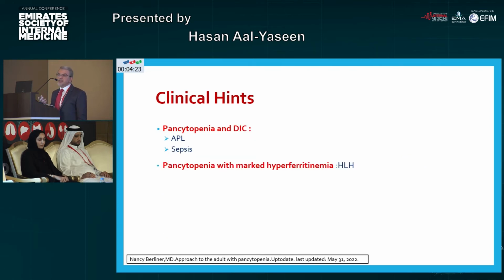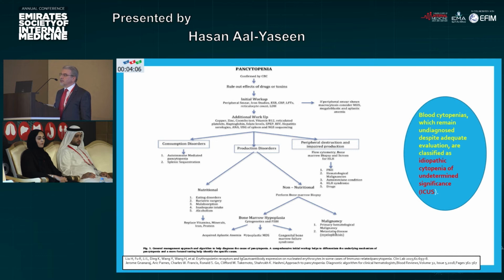Now, if the labs tell you that there's DIC with pancytopenia, keep in mind acute promyelocytic leukemia as a cause, but of course you have to consider sepsis. If you have hyperferritinemia with pancytopenia, of course you have to consider HLH. Now, this is a graph or an algorithm which is suggested by this group of investigators who published in Blood Reviews.